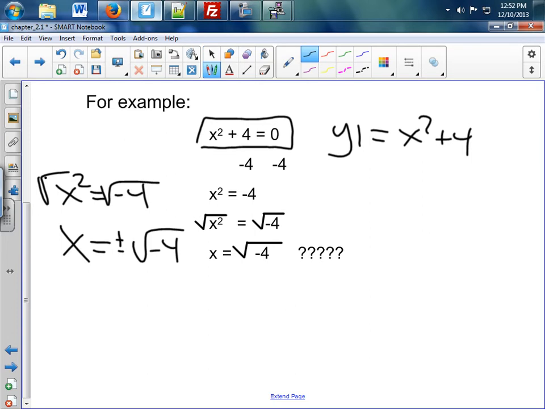And remember, we'll solve this one right here. What's the one thing you have to remember about complex numbers? i squared equals -1. So I can break this up. That's -1 times 4. Is that true?